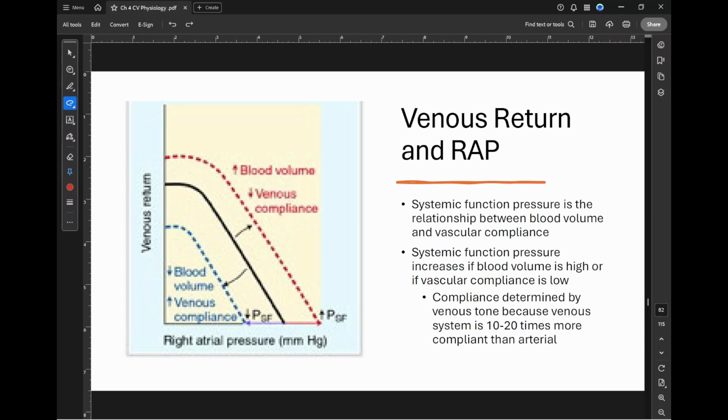So we're increasing venous return. That's why if you increase blood volume, decrease venous compliance, this whole thing shifts to the right. If you reduce blood volume or increase venous compliance, the amount of blood the veins are going to hold on to, this curve shifts down to the left. Okay, so just remember how you alter things, what's going to happen.